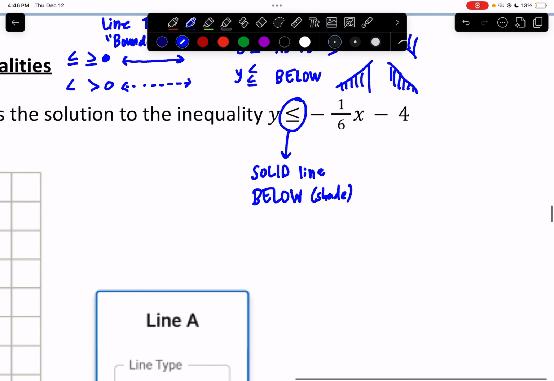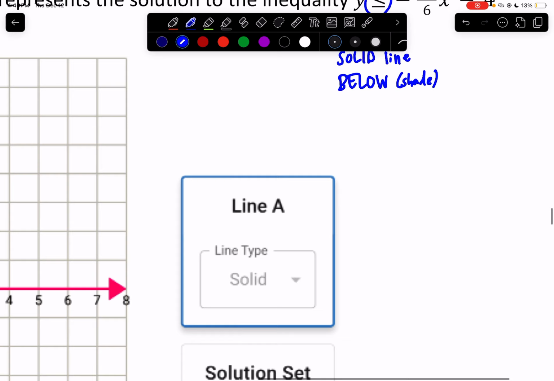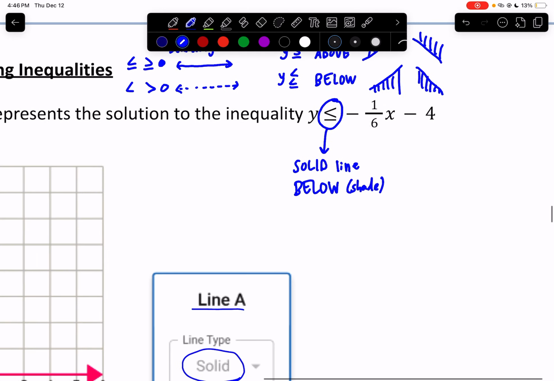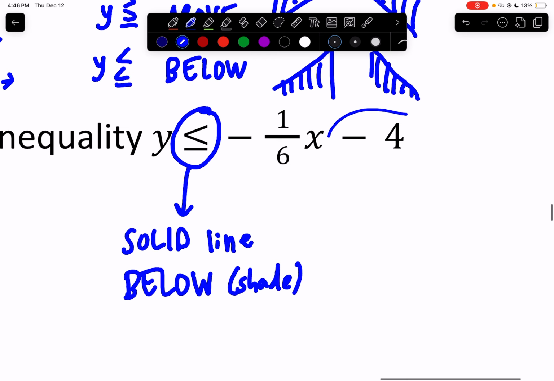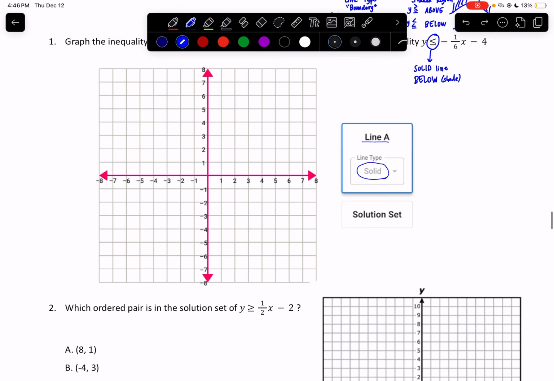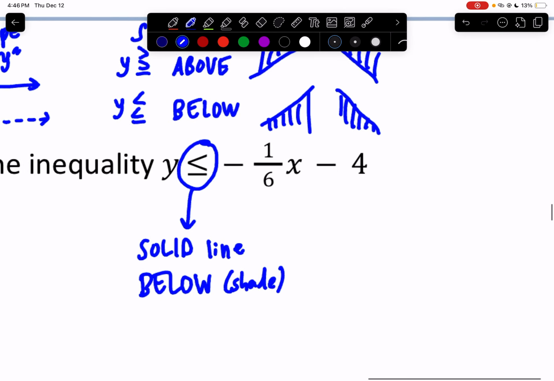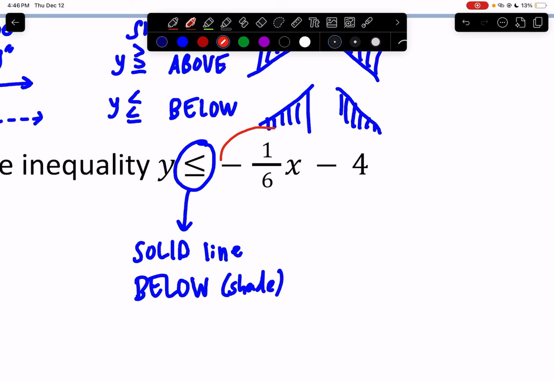Now let's go ahead and graph our line. If you're doing this on Eduphoria, first thing you'll do is go to line A and select the line type. Here, it's automatically selected solid for us. We're going to start at the y-intercept, which is -4. So I'm starting here at -4 with a closed dot, because I'm equal to. To find my next point, I use my slope, which is -1/6.